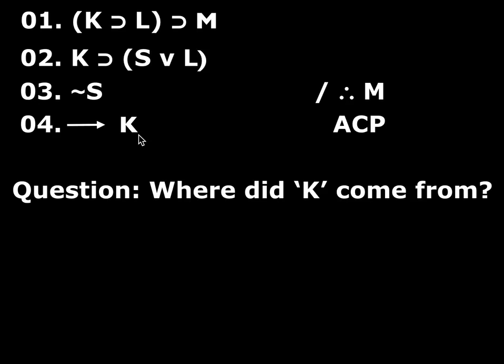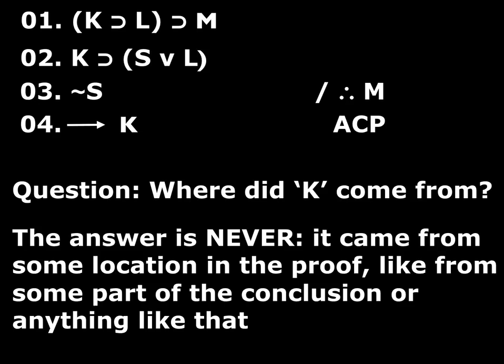The reason they're asking is because they're looking for somewhere in the proof that K is. Like, well, that's not here in the conclusion, where did you get K? So the answer, though, is never that it came from some location in the proof, like from some part of the conclusion or something. That's never the answer to that question.